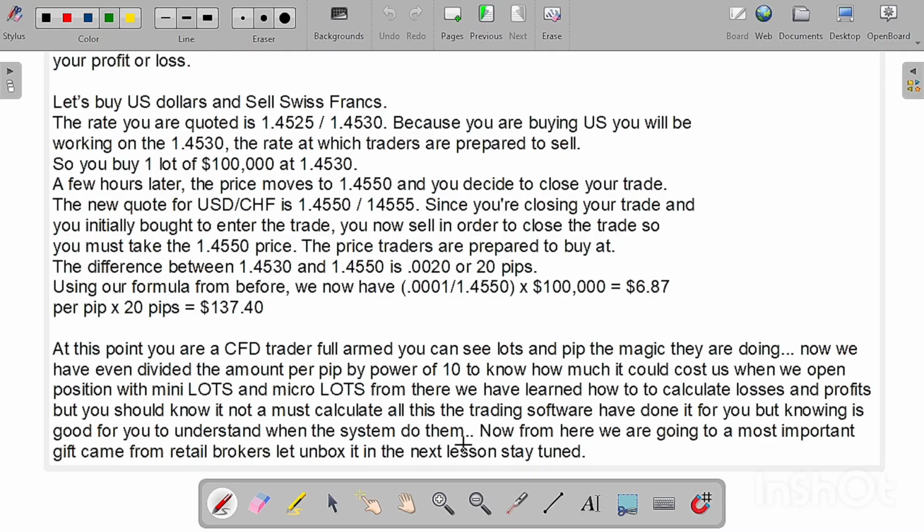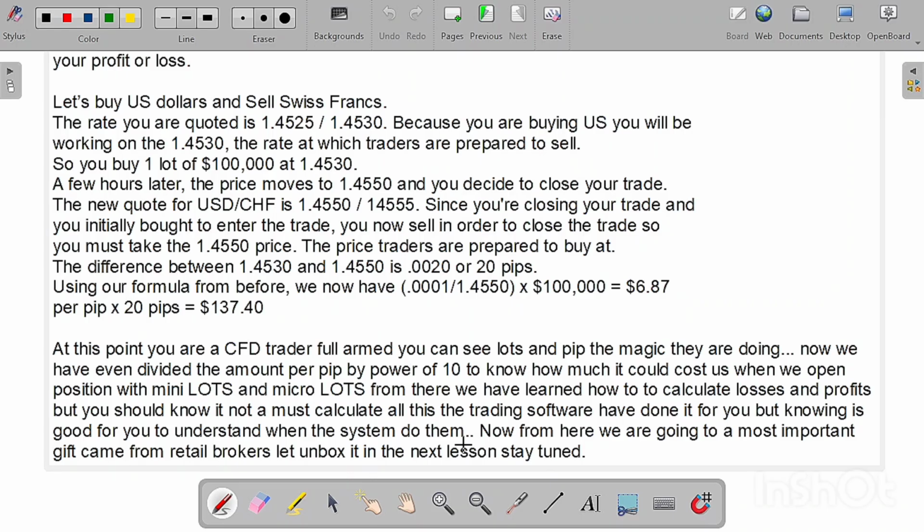The broker has done it for you, but know that if you don't know how it operates, you'll never understand. So it is a must you know, so that it will be easy for you to calculate profit or loss, and easy for you to know which kind of lot size to use.